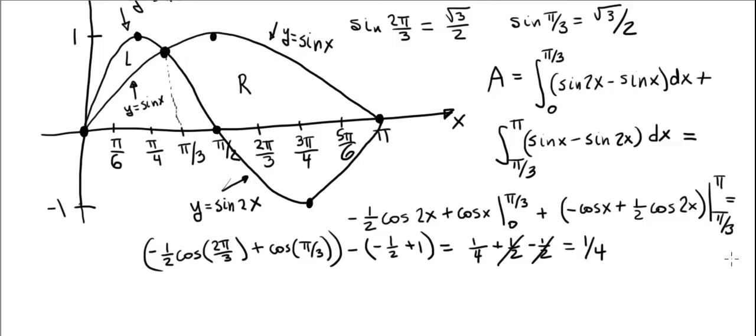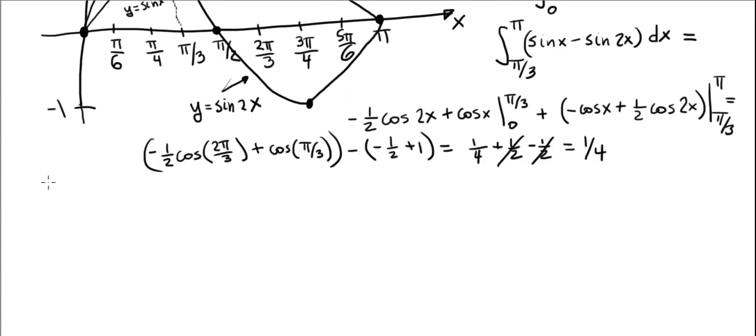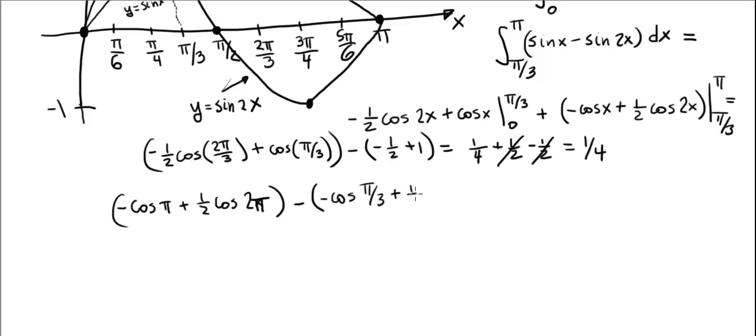For the second integral, we plug in pi and we plug in pi over 3. So first let's plug in pi. We get minus cosine of pi plus 1/2 cosine of 2 pi, minus, plugging in pi over 3, minus cosine of pi over 3 plus 1/2 cosine of 2 pi over 3. So this is equal to cosine of pi is minus 1, so minus a minus 1 is 1.